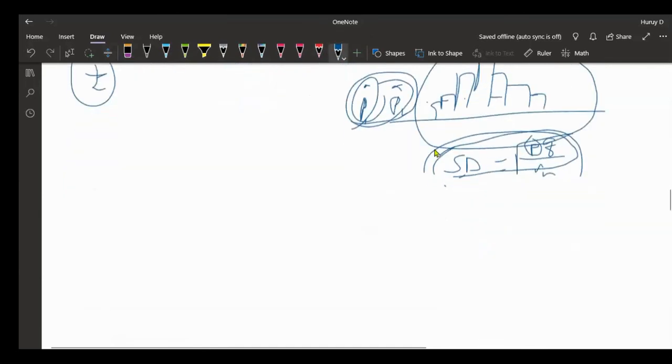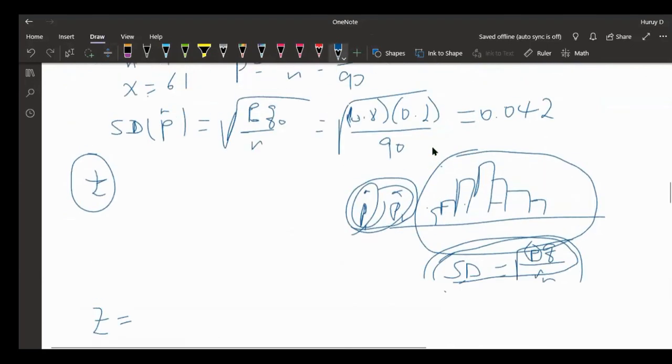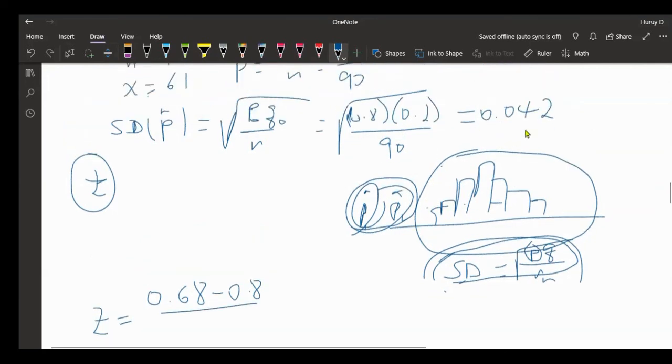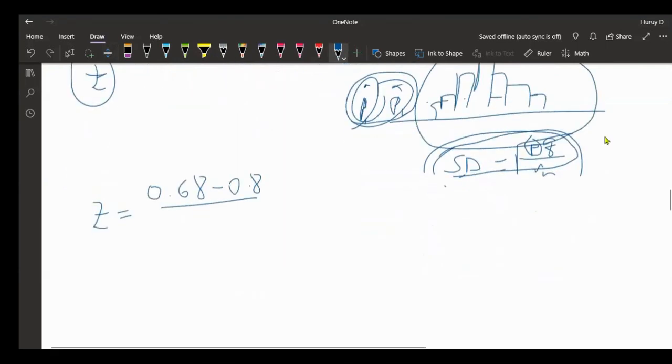Okay, so z is given by, what is the p hat? Yeah, z is given by p hat, which is 0.68, minus the claimed value 0.8, over the standard deviation, which is 0.042.